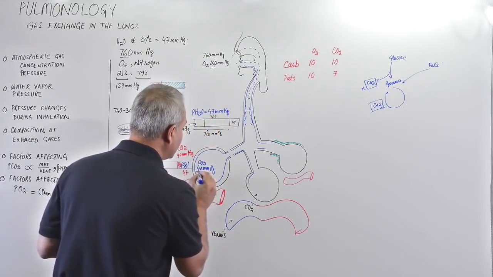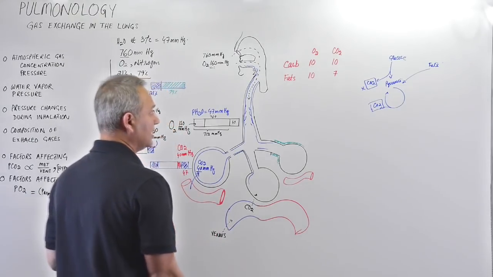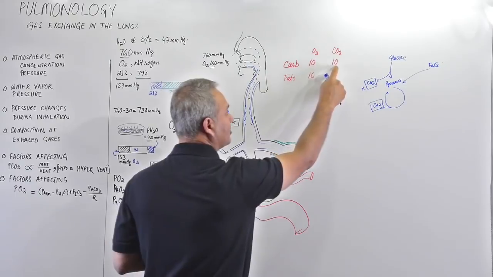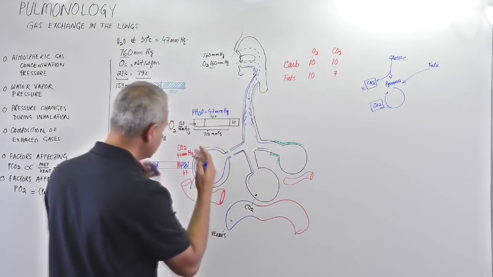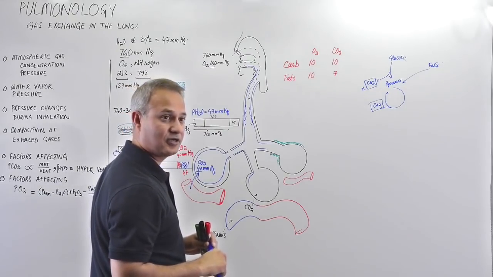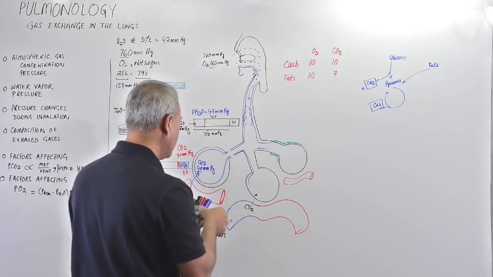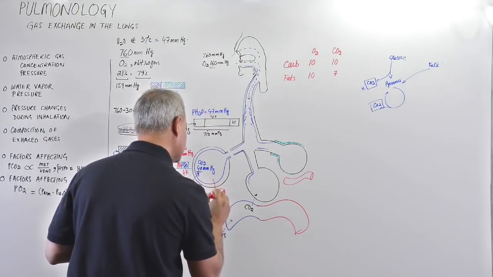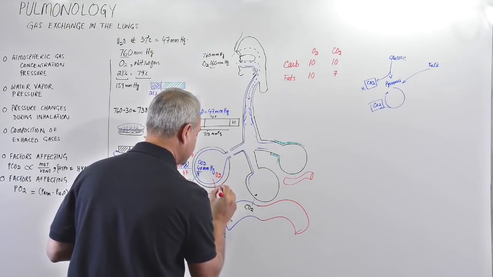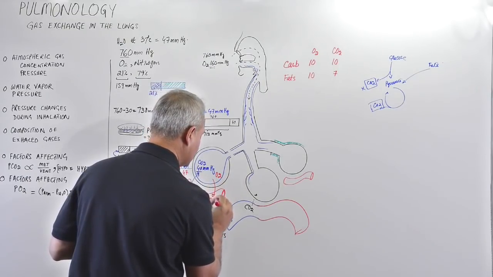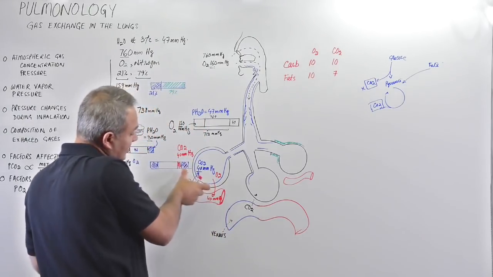So that means 40 milliliters of carbon dioxide. Let's just use it that way. If there is 40 carbon dioxide and I'm eating carb, then how much oxygen is needed to produce this 40 carbon dioxide? 40 oxygen. So 40 oxygen will have to move into the blood so that this can be equated.